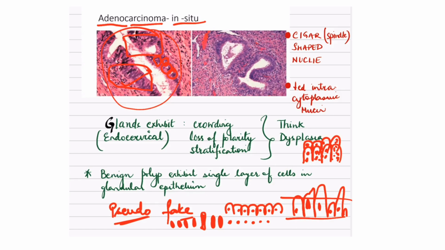Okay, but if you see even a focus of stromal change, mention that. Maybe it is microinvasion, maybe, but if it is frank, then definitely it is a carcinoma with stromal invasion. Yeah, so this is adenocarcinoma in situ. And how did we decide? Because changes were limited to the epithelium.